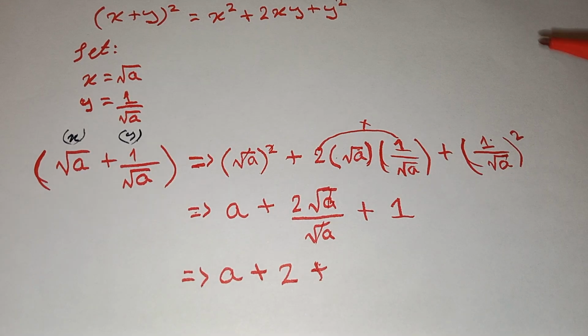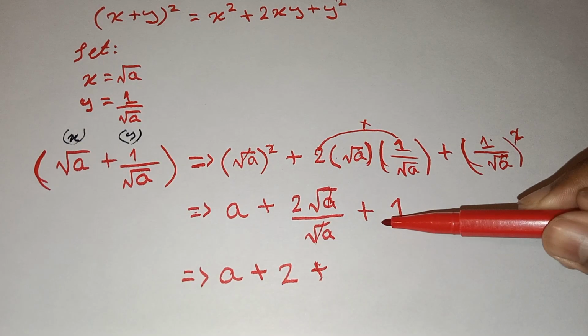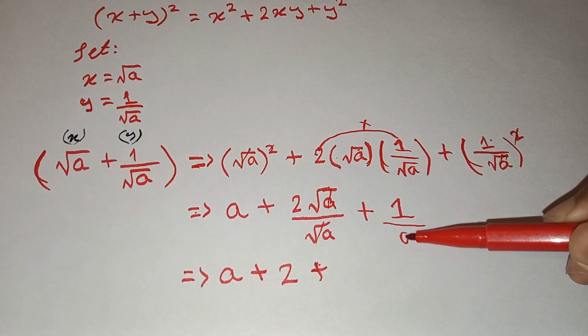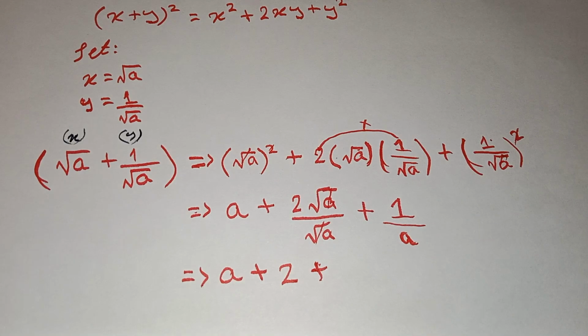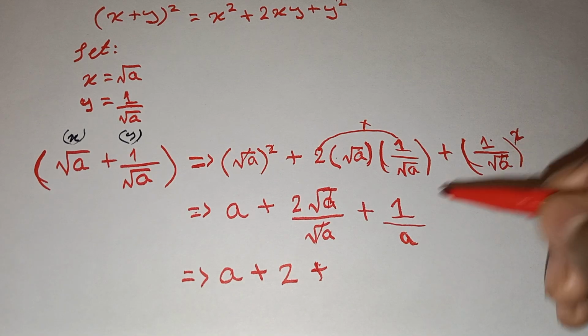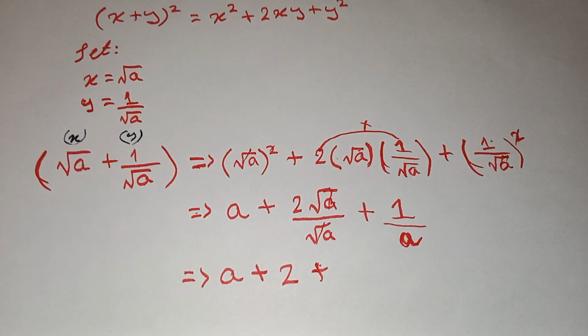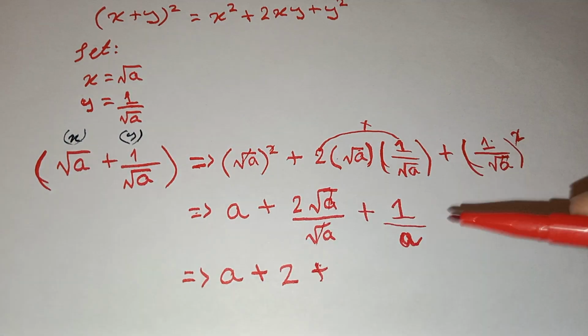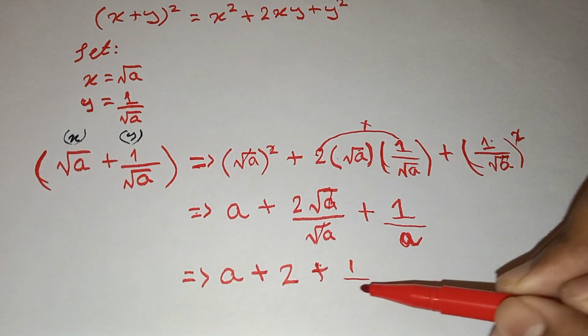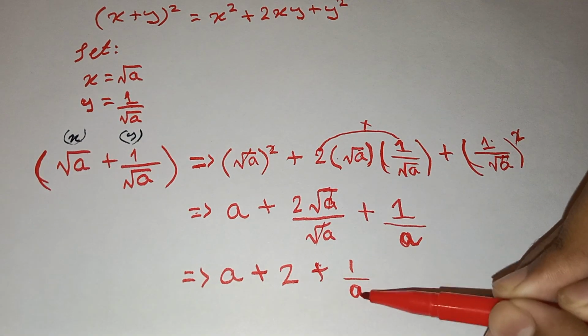Okay, the square root has been cancelled by the square, so the leftover is also a. So where has a gone? Here a is in the denominator. A never goes. A is in the denominator. So 1 over a, and a plus 2 plus 1 over a.